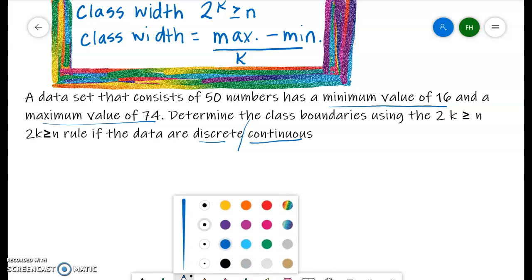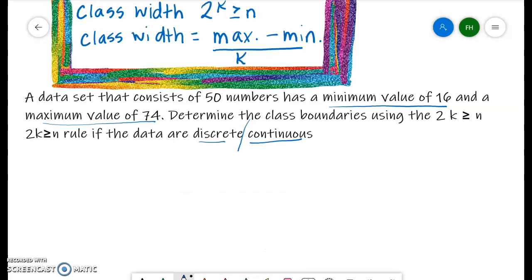So before we start with that, first we have to determine how many classes we're going to have. So we're going to do the 2^k rule. So 2^k is greater than or equal to n, and it says we have 50 numbers. So we need to know 2 to the what power is going to give us greater than or equal to 50.